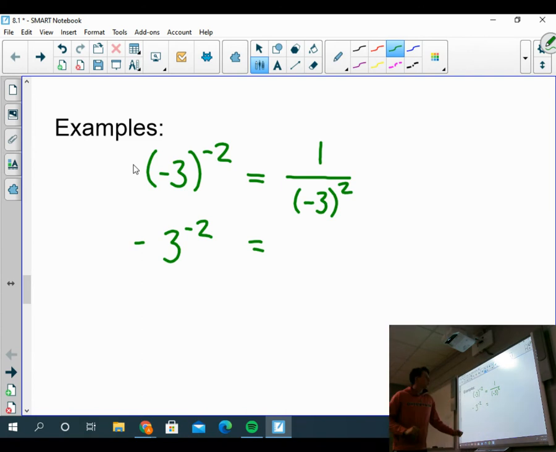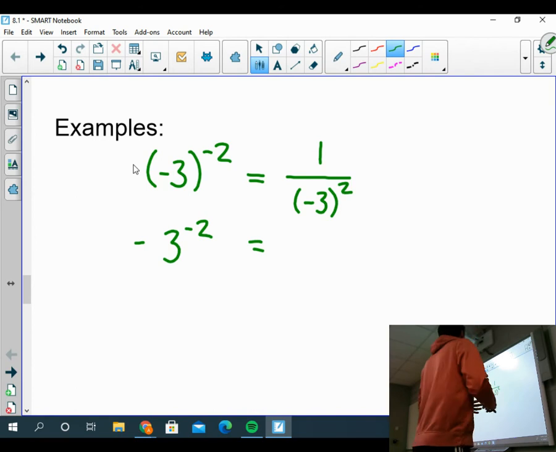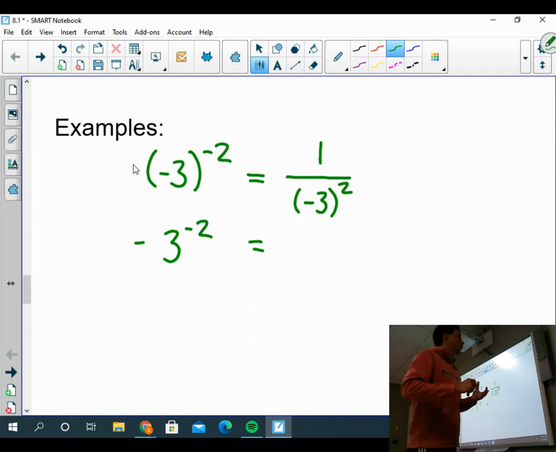And please notice the negative does not disappear off of the 3. Okay? What we're saying here is the quantity -3 is going to the -2nd power. The negative doesn't disappear. The only negative that goes away when you move this value to the denominator of a fraction is the negative exponent becomes positive. The negative exponent becomes positive here.